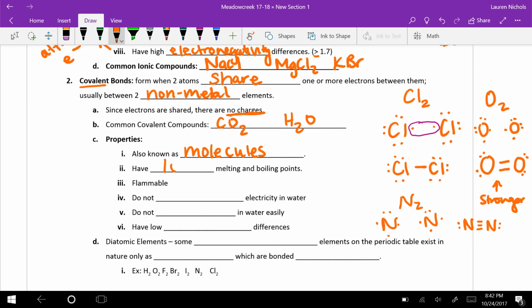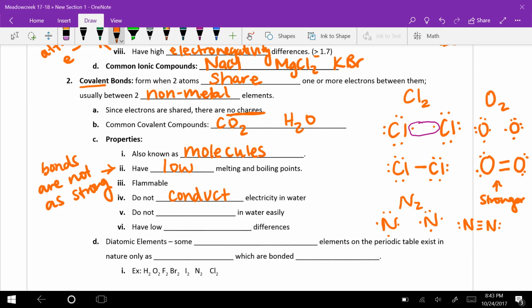And they're going to have low melting and boiling points, which means that their bonds are not as strong as ionic compounds. And with that, they're also going to be flammable. It's not going to take much energy to make them combust. They do not conduct electricity in water, and the reason why is because you have to have ions in there.